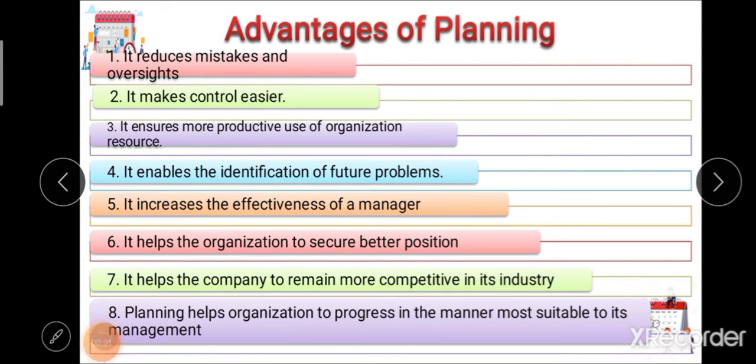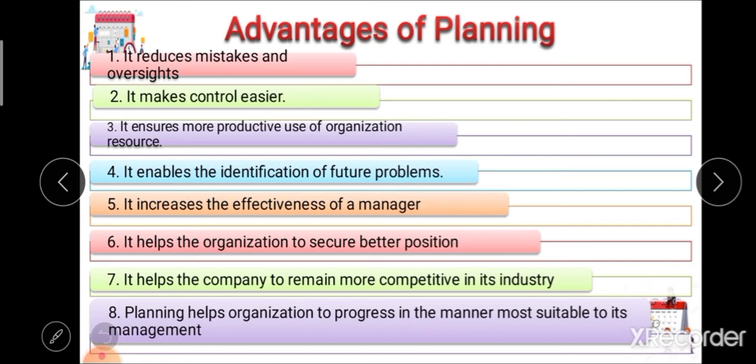It enables the identification of future problems, because if you make the plan of the whole organization in detail, during planning we can identify the different future problems, and these problems can be recovered or avoided during the implementation of that particular plan. The next advantage is that it increases the effectiveness of managers.